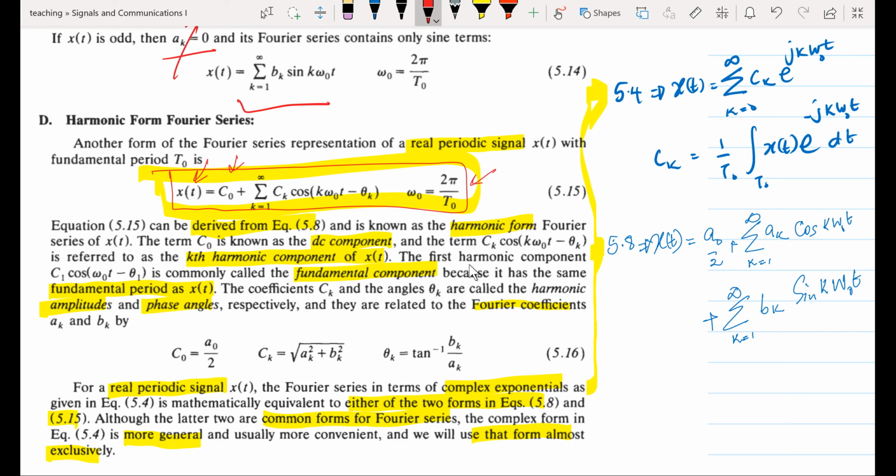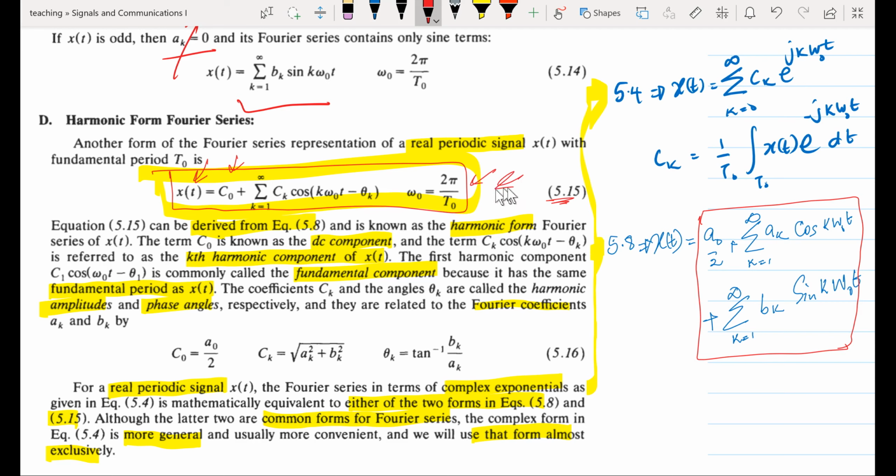This equation 5.15 is easily derived from equation 5.8, which we already met, the trigonometric representation of Fourier series. We don't have to go through the derivation, but this equation 5.15 is known as the harmonic form of Fourier series.